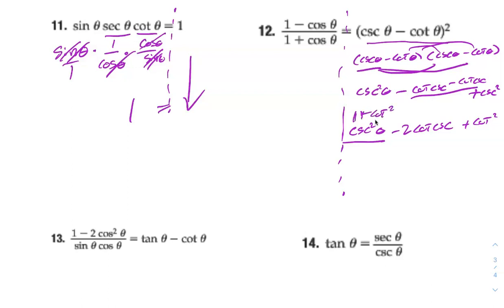So if I do that, I can add the cotangents together, and I get 1 plus 2 cotangent squared theta minus 2 cotangent cosecant. This is still a mess.